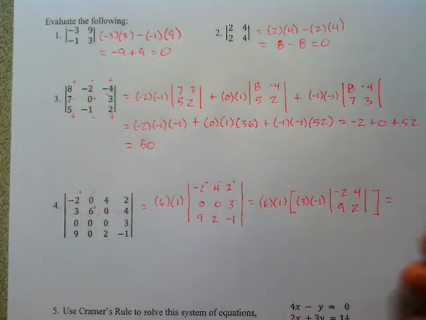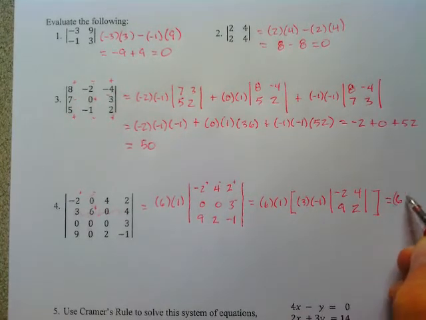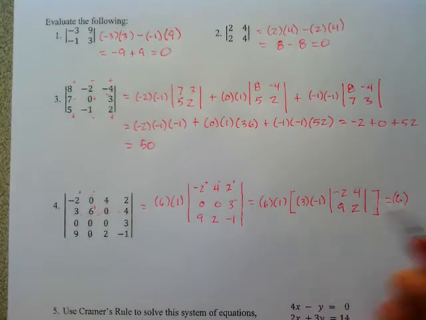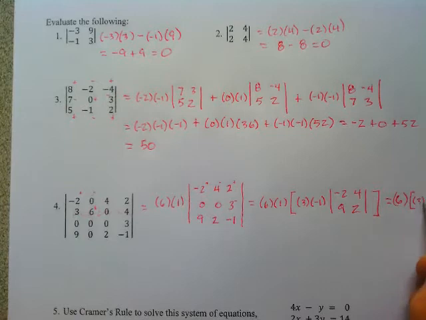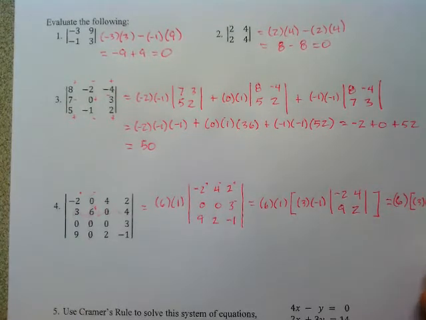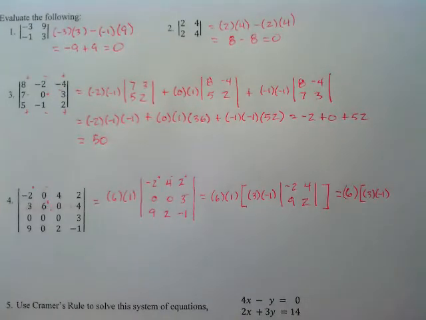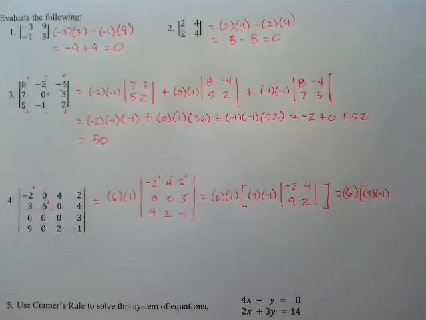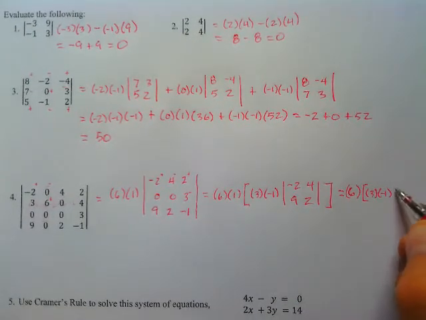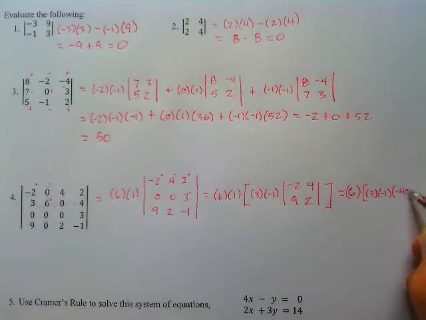So, of course, 6 times 1, that's just going to be 6. And then inside I have the 3, -1. And then here I have negative 4, subtract 36, so that's negative 40.